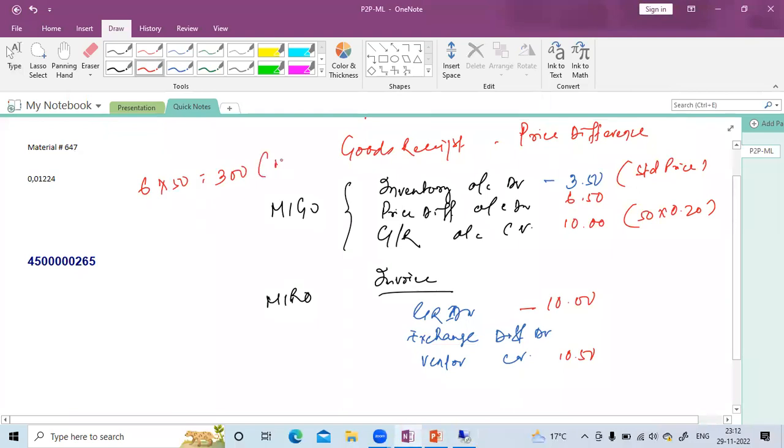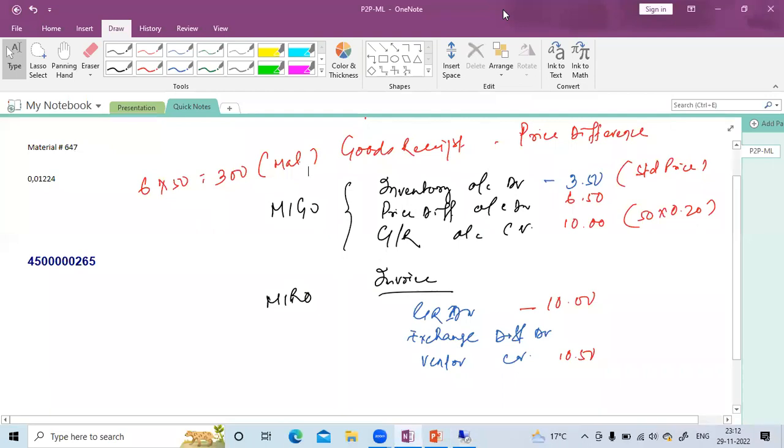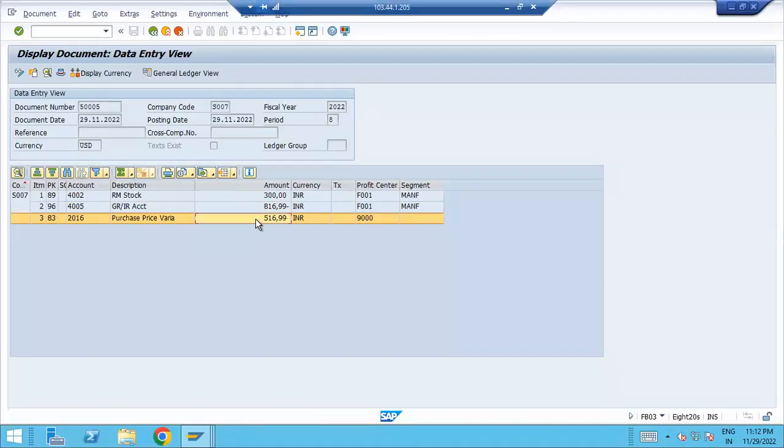This is my material price. GRIR account is credited with this price, equivalent as per the exchange rate evaluated, 816.99. Due to this, there is a difference, and this difference amount is your purchase price difference, 51699.